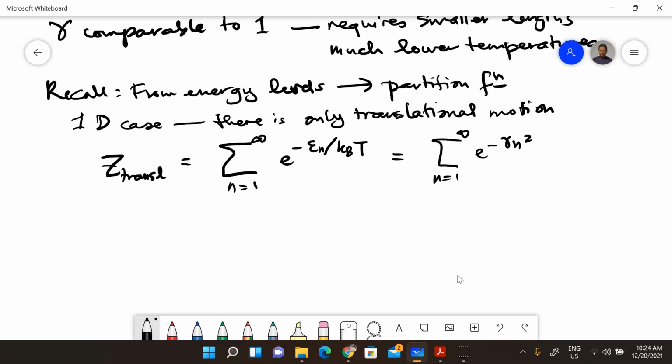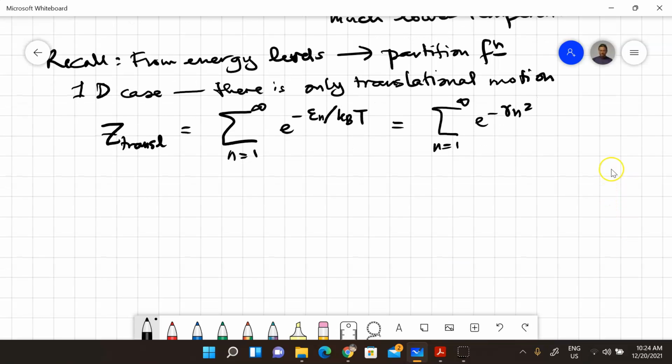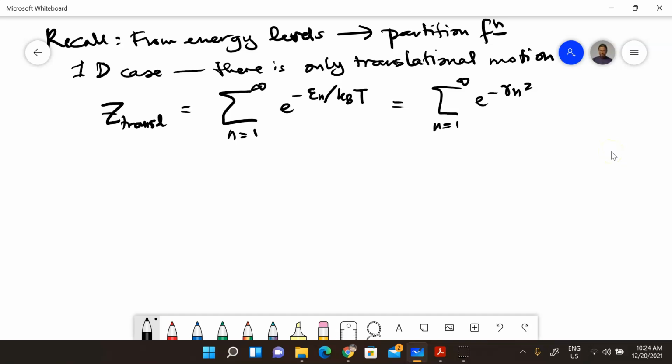This is the kind of sum that we want to do, but note the fact that gamma is always small, so that going from one level to another level is actually very close.